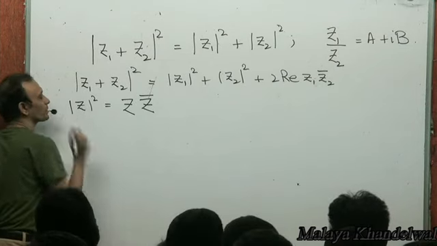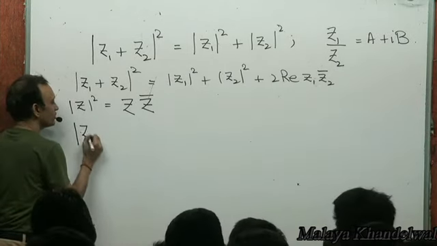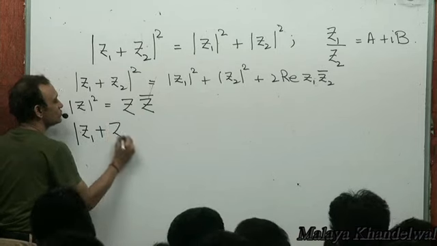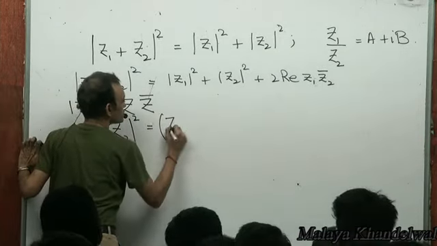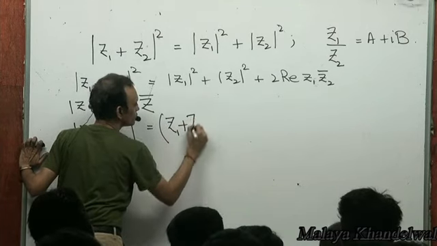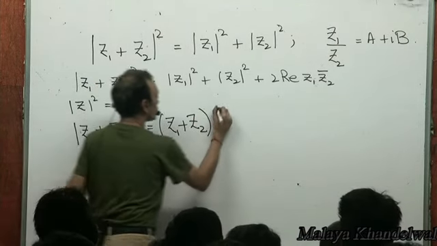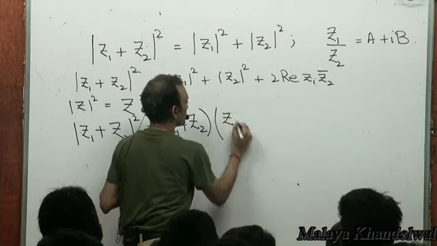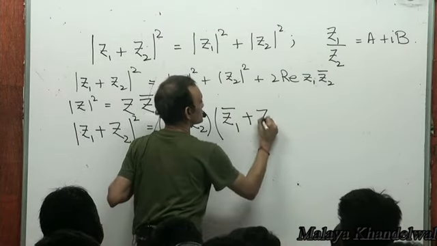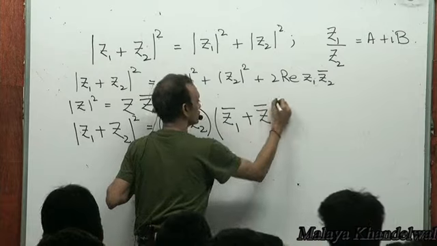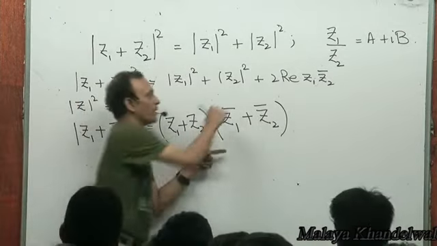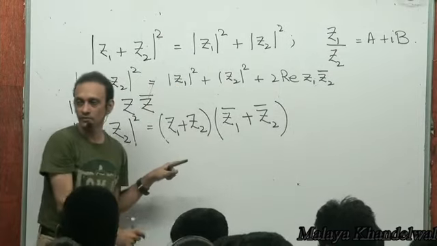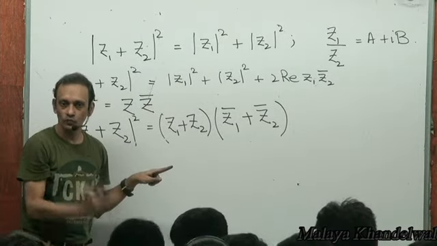Which means mod of z1 plus z2 whole squared is going to be z1 plus z2 into z1 bar plus z2 bar. Yes or no? Can I do this? Z into z bar. Bar of this would be the sum of the bars. Yes or no?